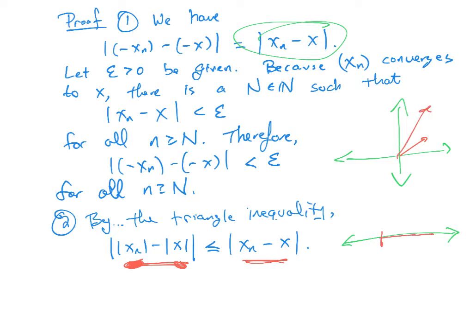If xn is here, and x is here, then on the left we are computing the difference in their magnitudes, and on the right we're computing the absolute value of their difference. They're the same thing here.